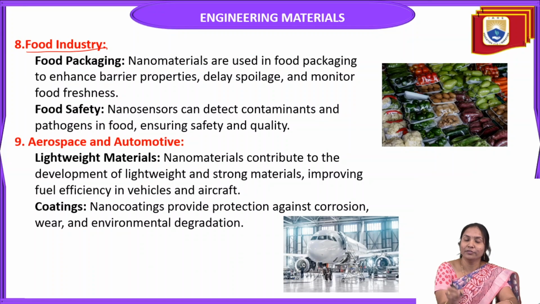Next, we prefer them in the food industry. In the food industry they are mainly used for packaging and food safety purposes. For example, in food packaging, these nanomaterials enhance the barrier properties, which delays spoilage, so there is no wastage and food is preserved easily, and they also help monitor food freshness.